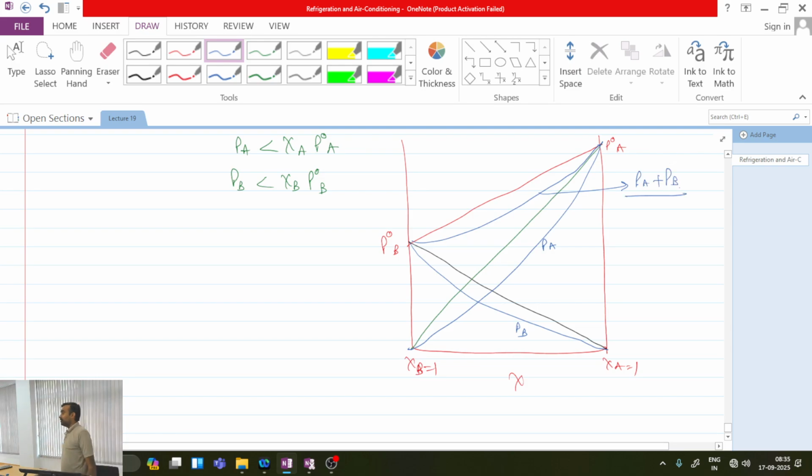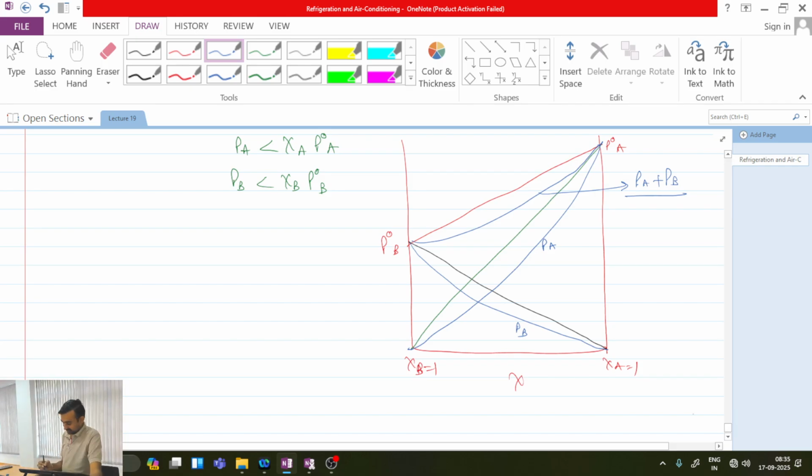Anyone is having any doubt about this? So if I have repelling nature, there will be more pressure than the ideal law. If I have attractive nature, then there will be less pressure than the ideal pressure. All agree to this point?